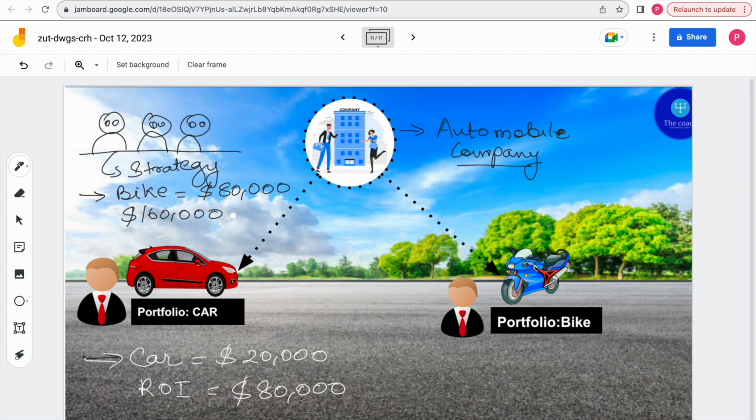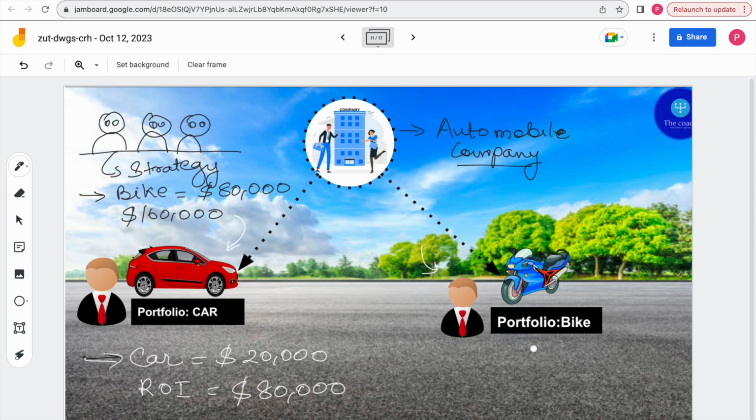This strategy will be given to the portfolio managers. The bike portfolio manager will know that he will get an investment of $80,000 and the expected ROI is $160,000.